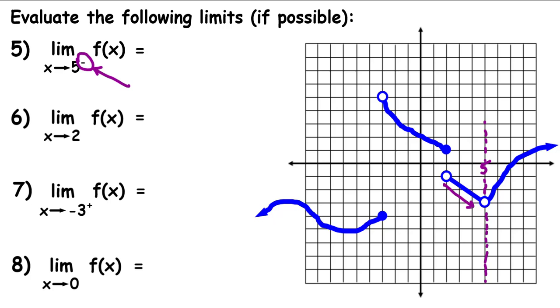Are you getting closer to a certain height as you head towards 5? And the answer is yes, you are. And that height is -3. So the limit is -3 as x approaches 5 from the left. Hey, by the way, if you approach 5 from the right, it's also going to be -3 because they both are heading to that location, the point 5, -3. Even though it's not filled in, it still is a limit.